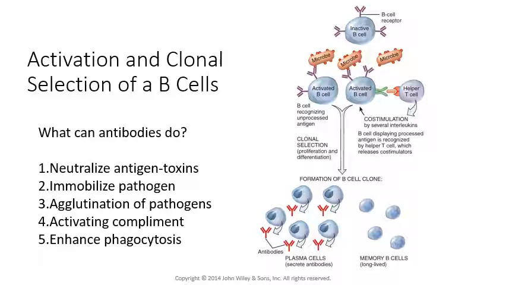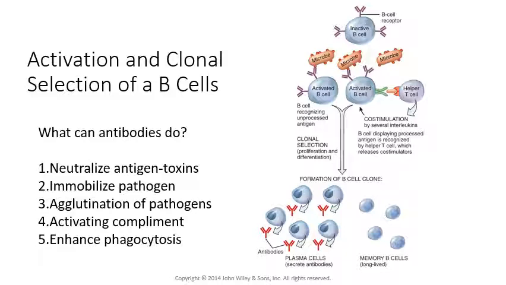So one thing that they can do is neutralize. They can basically surround toxins that have been created by some bacteria, and once they surround those toxins, they essentially neutralize them. They can immobilize pathogens.